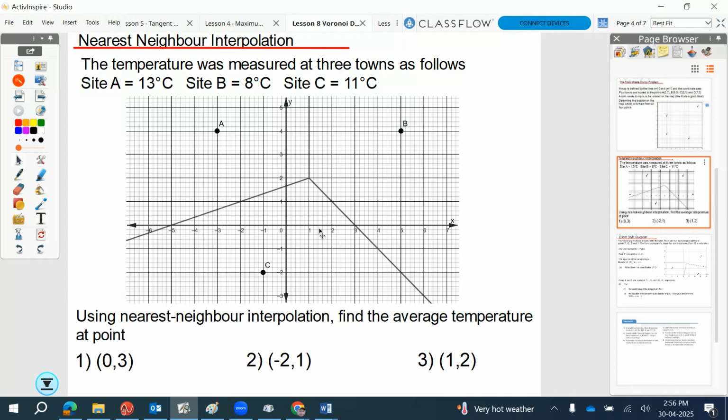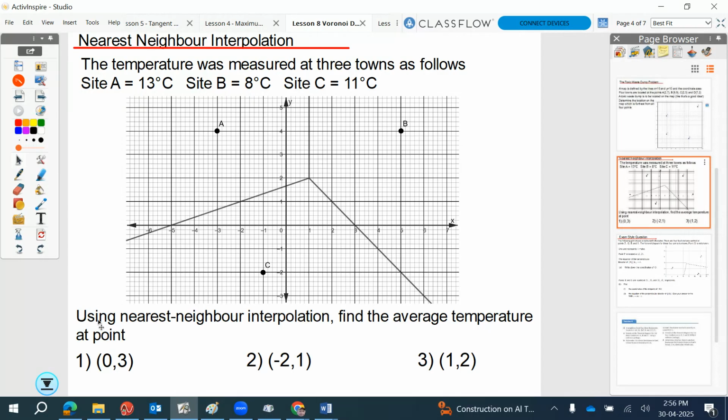So for instance, if we're looking for the average temperature at 1,4, it's lying on the edge of sites A and B. So we need to use an average of these two, and the difference here is 5, so the average is going to be 10.5. Finally, if it lies at a vertex, like in this location, then it's going to be the average of all three.